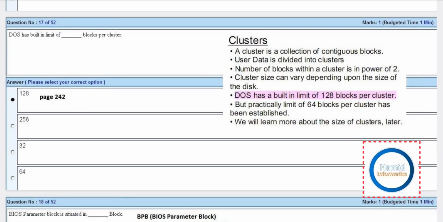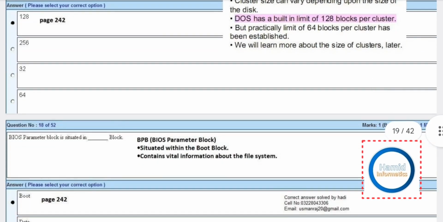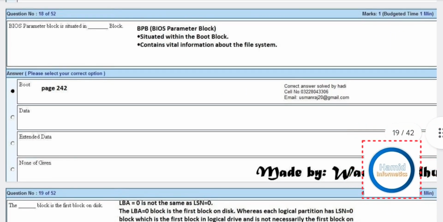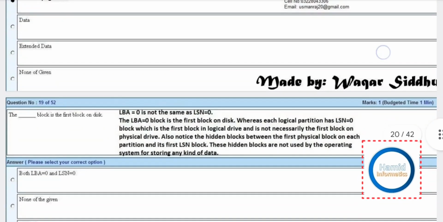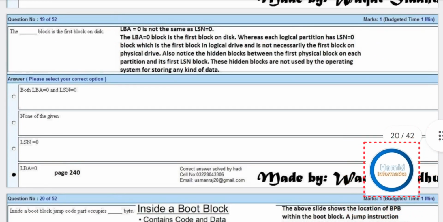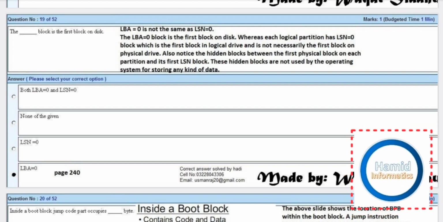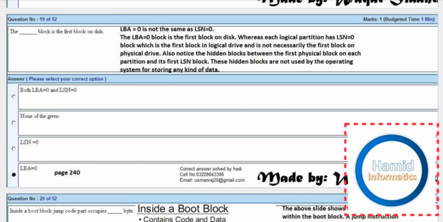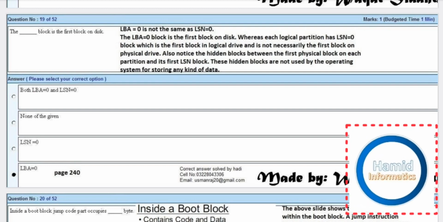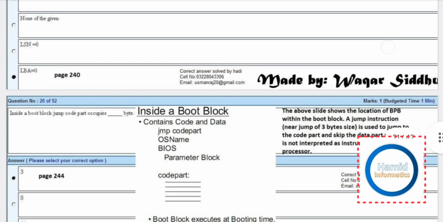DOS has built-in limit of dash blocks per cluster, and the answer is 128. BIOS parameter block is situated in dash block, and the answer is boot block. The dash block is the first block on disk, and the answer is LB equal to 0.